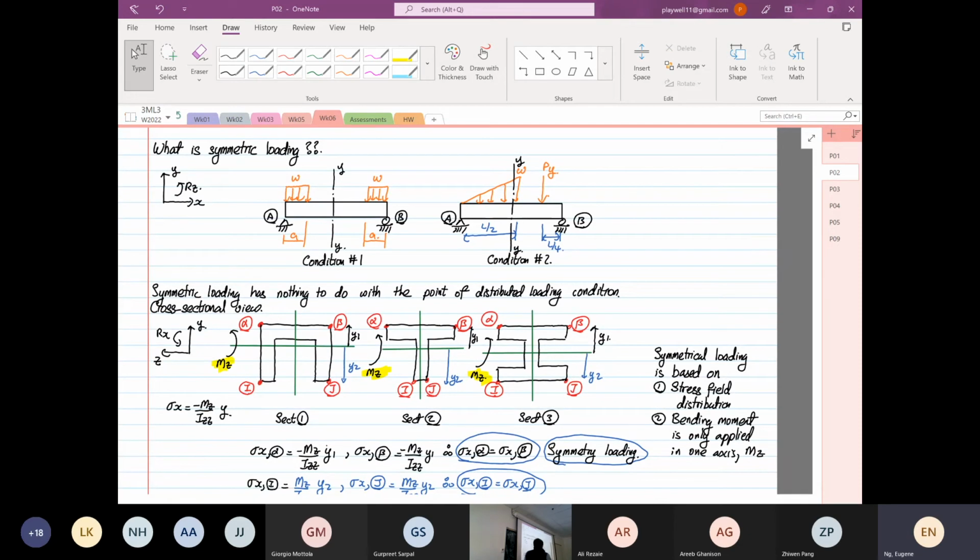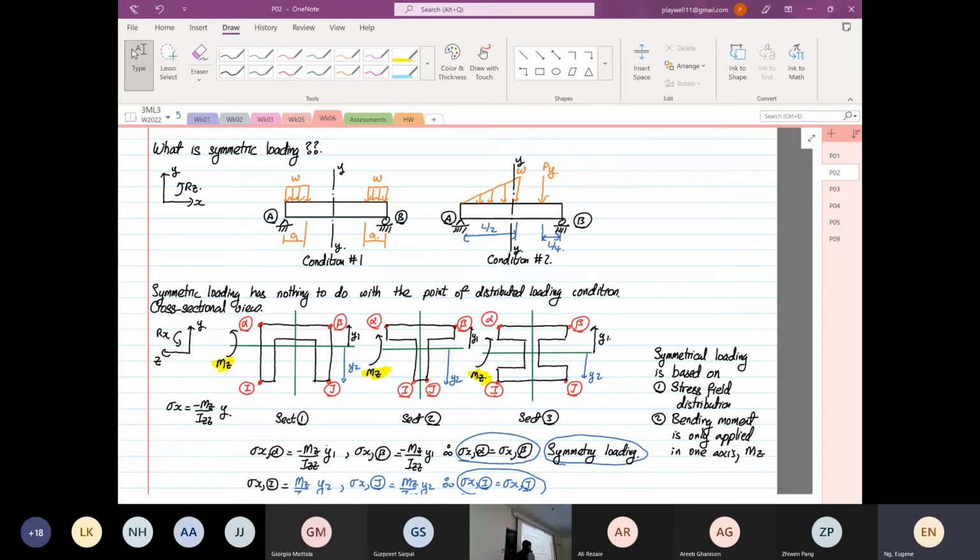Then the third thing that we learn is that symmetrical loading has nothing to do with the load distribution. Right? It has nothing to do with how the force is applied or the load is distributed. More important is the stress field. The condition where stress alpha is equal to stress beta, or stress I is equal to stress J, for all the cross sections, you meet the condition, right?